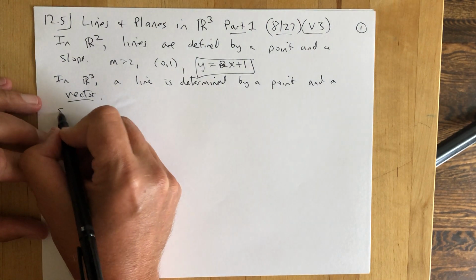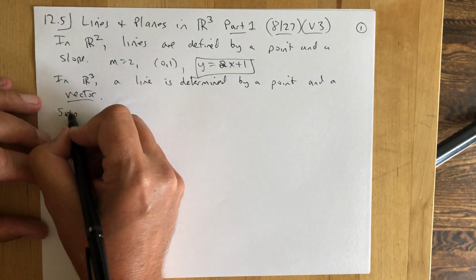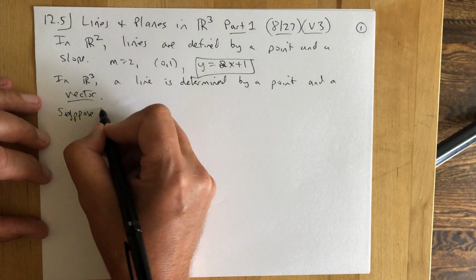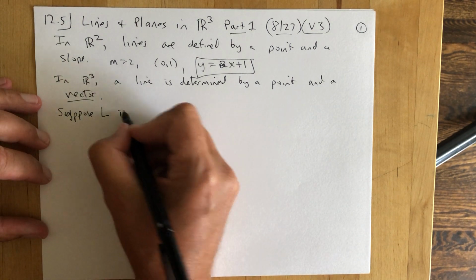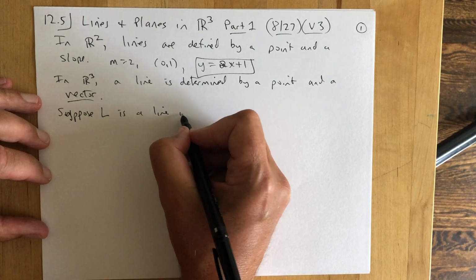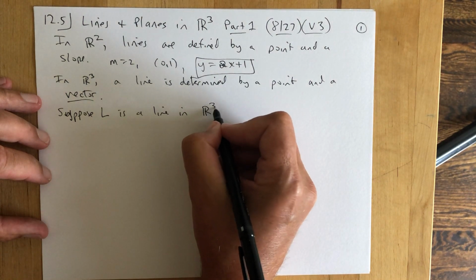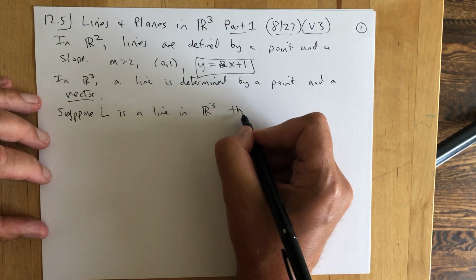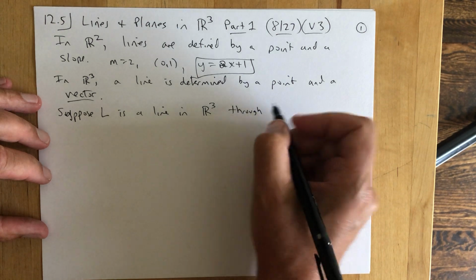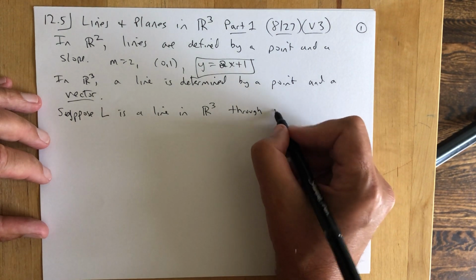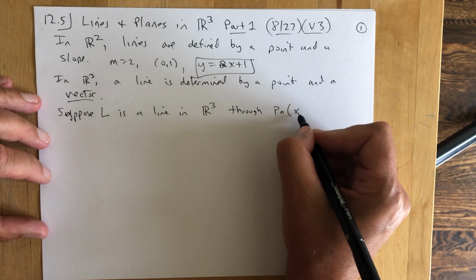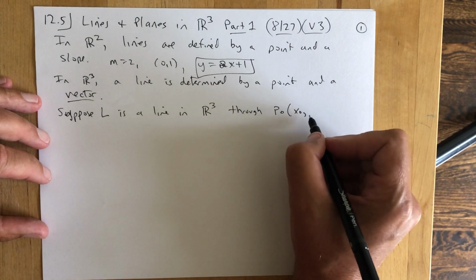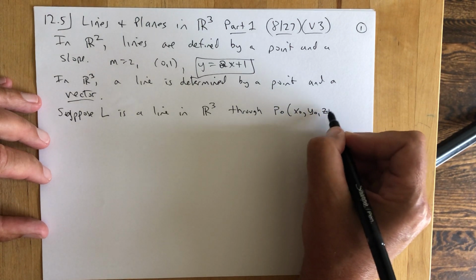And to get there, we go, okay, suppose capital L is a line in R3 through some point which we'll call P naught, and P naught has coordinates x naught, y naught, z naught.